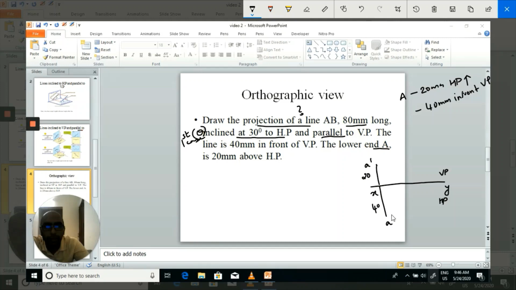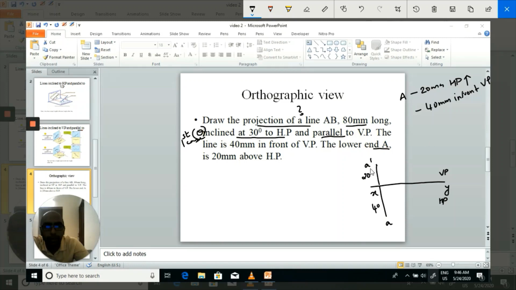Then it is given the angle of inclination as 30 degrees. When a line is parallel to VP and inclined to HP, the front view will show the angle of inclination, and the front view will give the true length of the line.